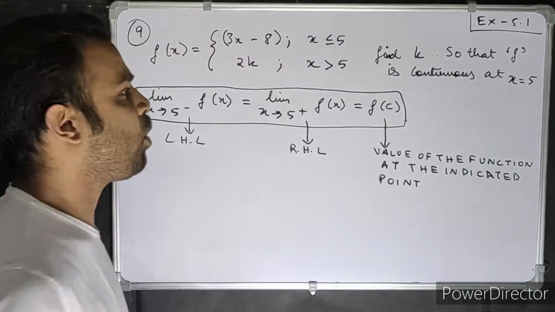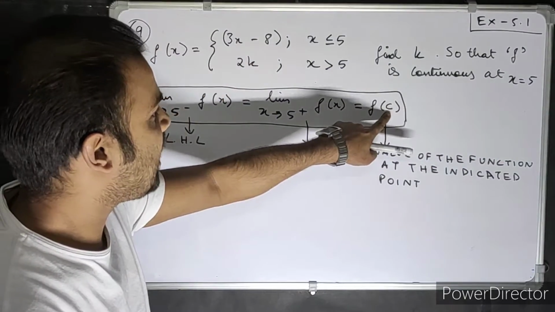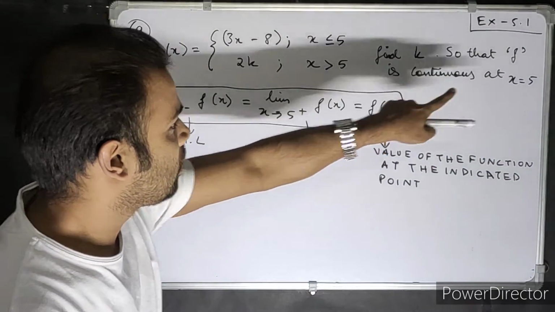And what is the indicated point here? x equal to 5.